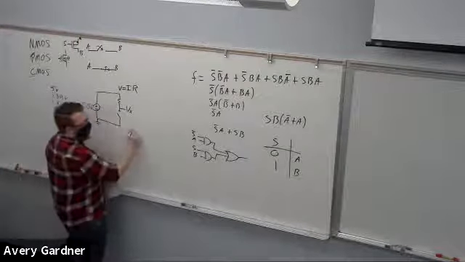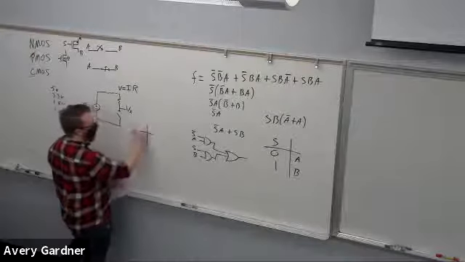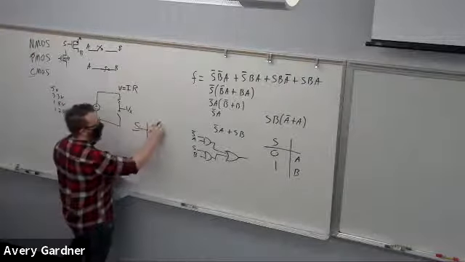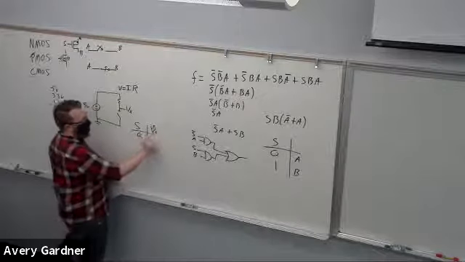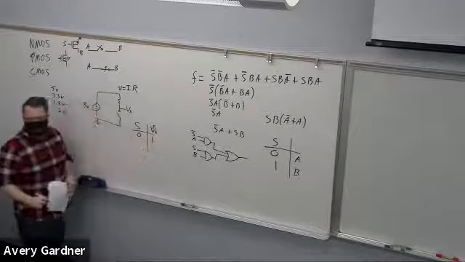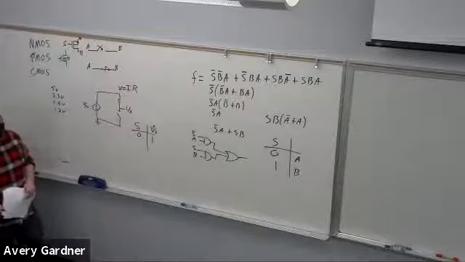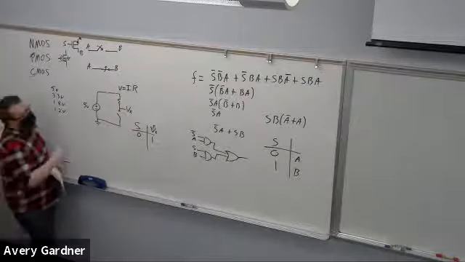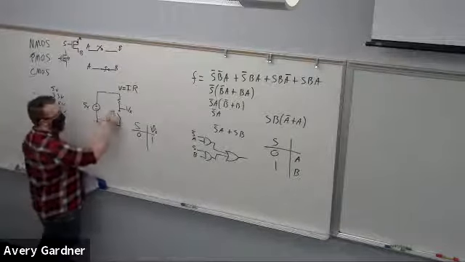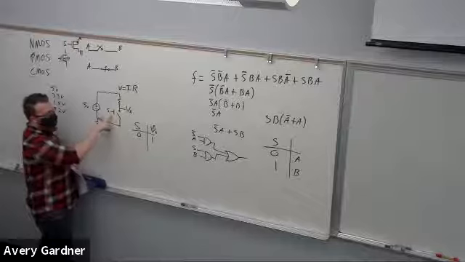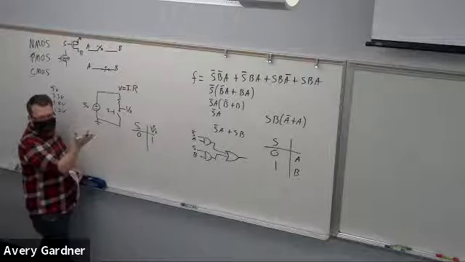So if your input S is 0, your output is 1. Okay, so let's say I turn it on. I put 1 onto this S. It closes.